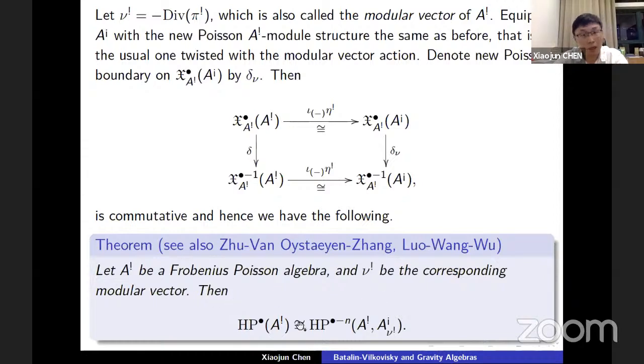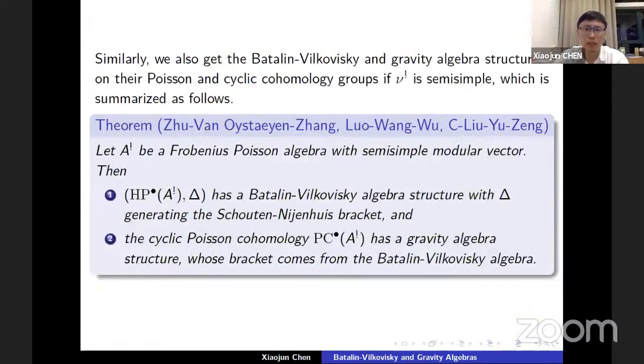Then we have the Poisson cohomology of A with value in A, twisted with this modular vector. So this holds for any Poisson algebras, not necessarily unimodular.